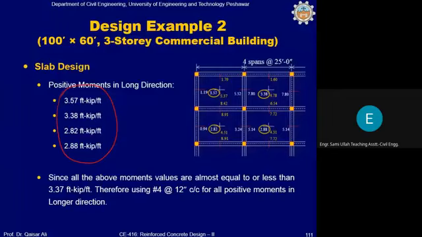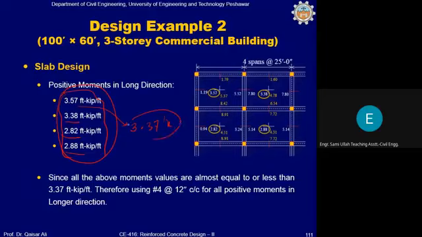First of all, we will discuss the positive moment along the longer direction, which means the bottom reinforcement given along the longer direction. So if you see the capacity coming from number 4 at 12 inch, it is 3.37. Okay. And all these values are closer to this value. They are less than this value or closer to this value.